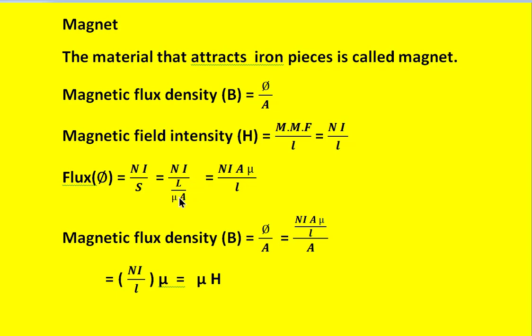So mu r comes when there is magnetic material associated with it, otherwise only mu naught will be present. Whereas mmf is given by N into I, the number of turns and the current carried by the turns. Further simplifying, we get flux equal to Ni A mu divided by L.